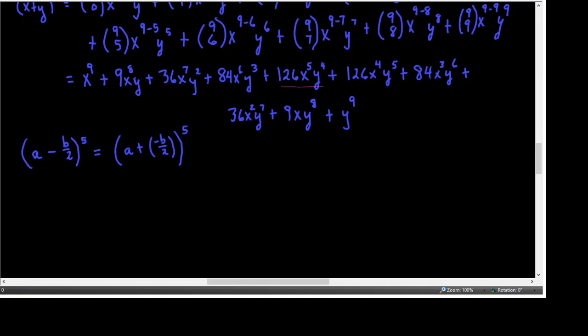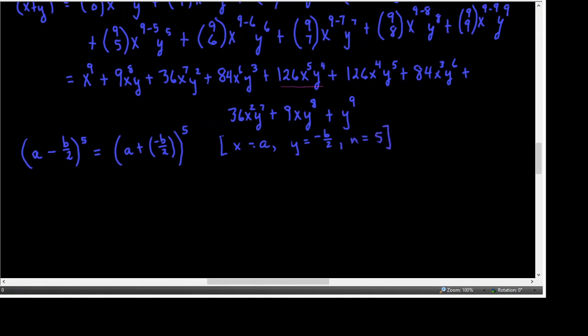Okay, so just keep in mind for this problem that wherever we had x before, that's now a. Wherever we had y before, that's now the opposite of b over 2, and the n value is 5.